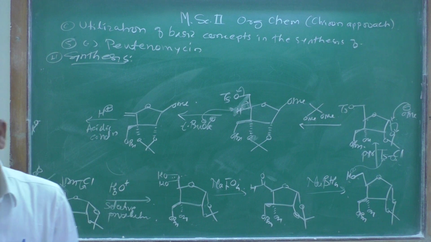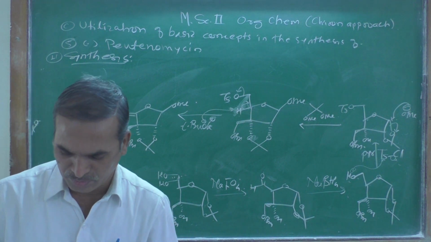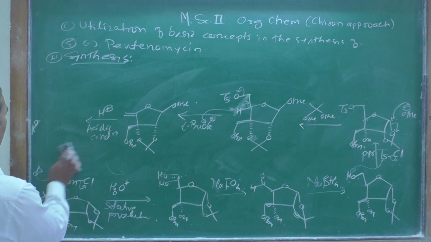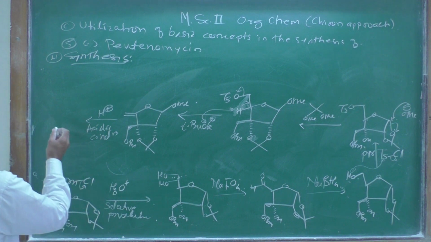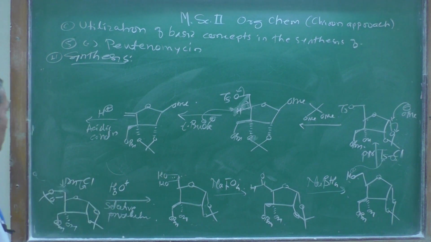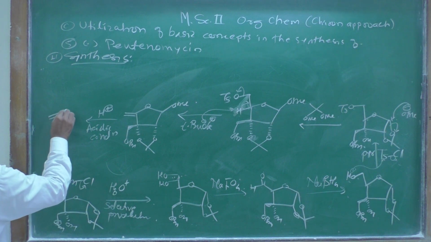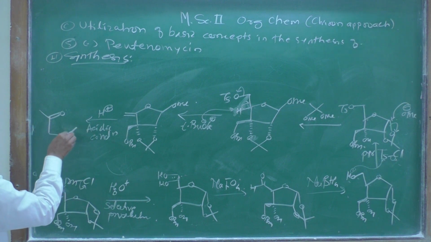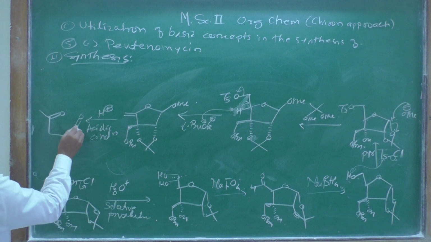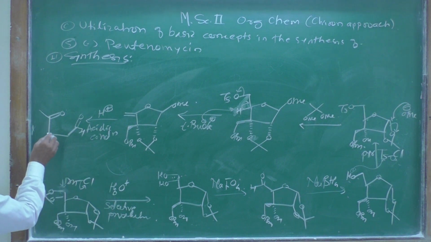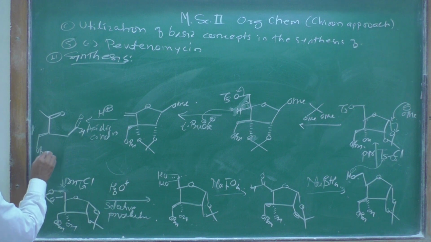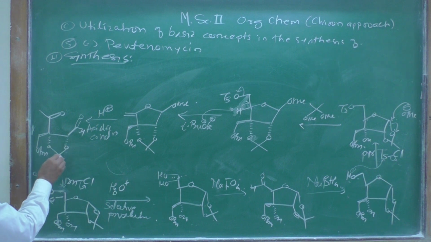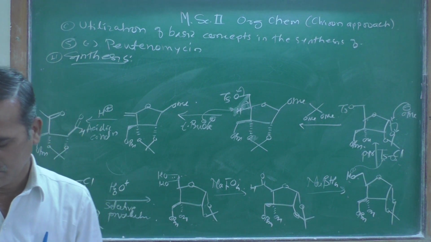What are you going to get after doing this one? This type of thing is going to happen over there. You are going to get over here the compound: C double bond O, methyl group over here, this one, then this double bond O, H, aldehyde group, and then this OBn remains as it is, then O dash dash O, and this group also remains protected.